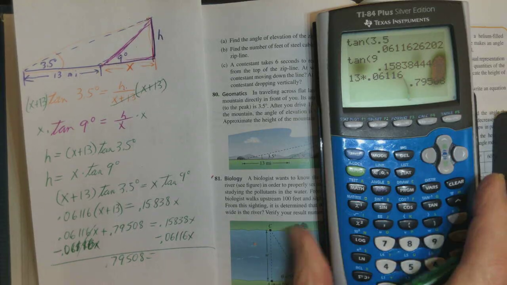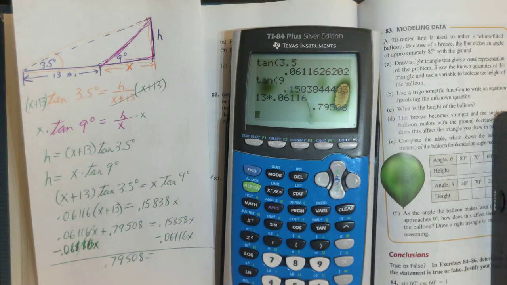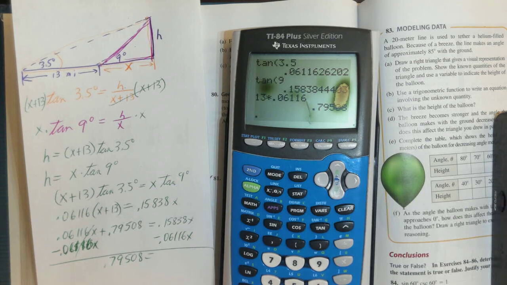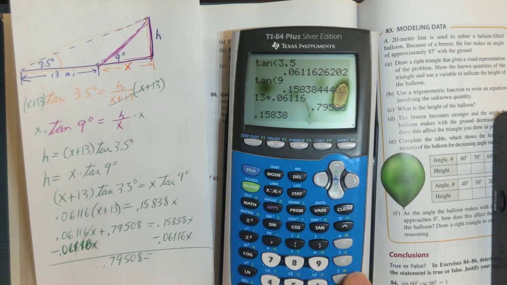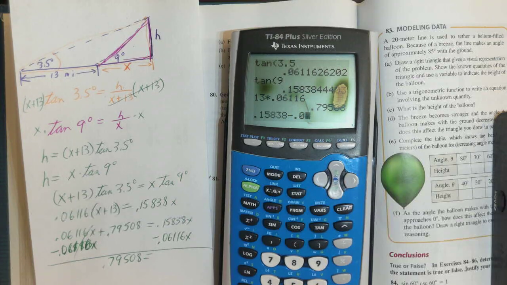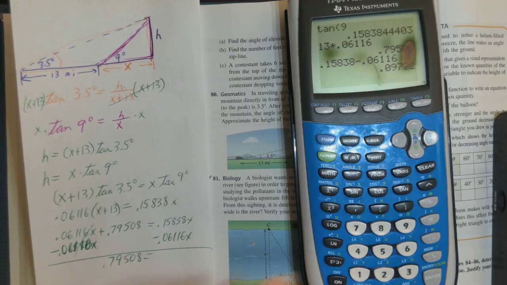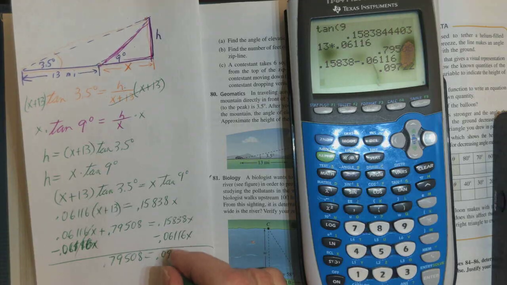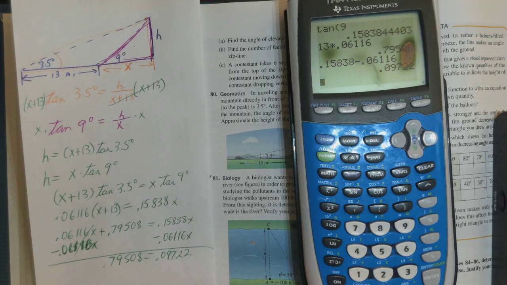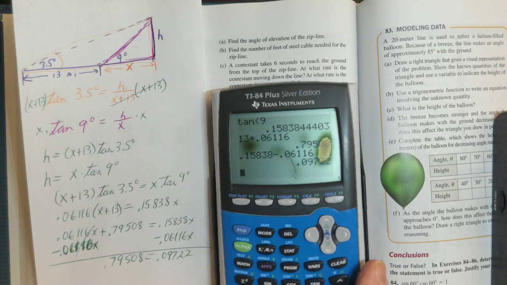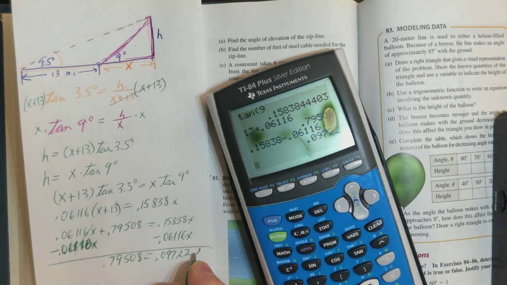All right, and get 0.79508 equals, so let's take 0.15838 minus 0.06116, 0.09722. So 0.09722x.